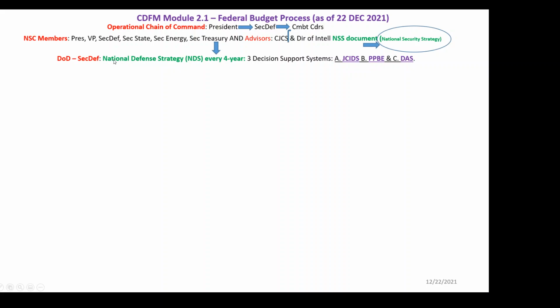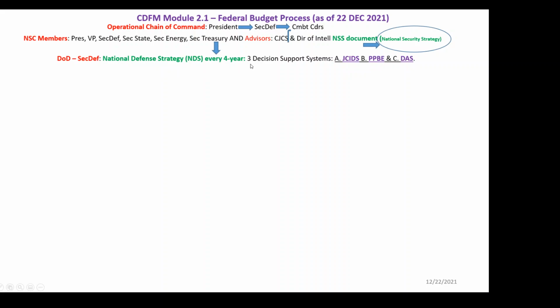Based on the requirements in the National Security Strategy, the SecDef will then publish the National Defense Strategy. That's a 4-year document, which means it's renewed every 4 years and ties into the presidential election timeline. This National Defense Strategy is the DOD's version of what needs to be done to meet the National Security Strategy. So how does DOD do this?